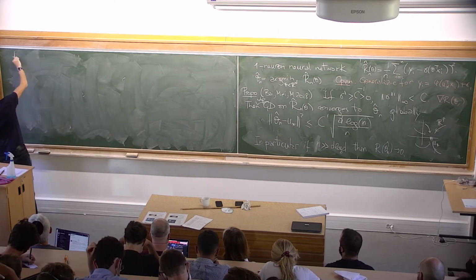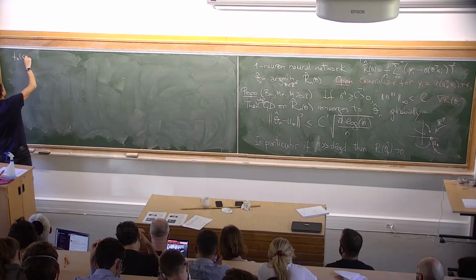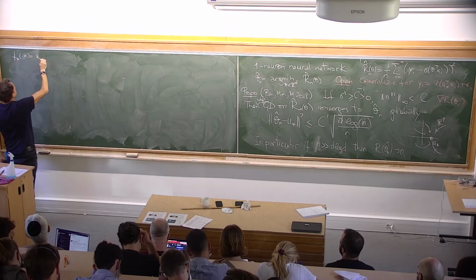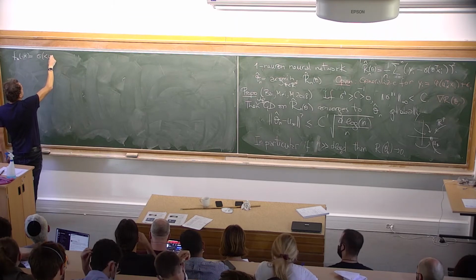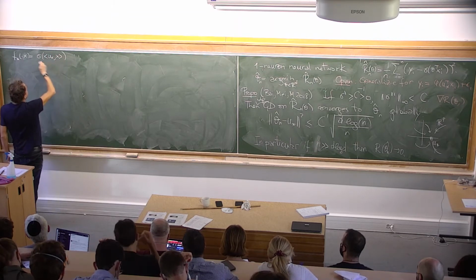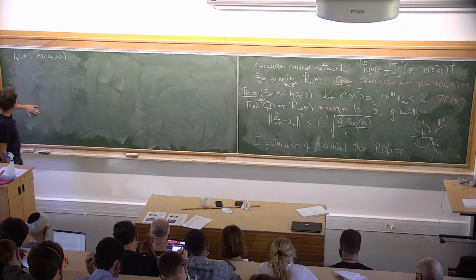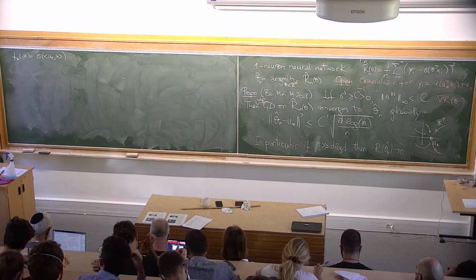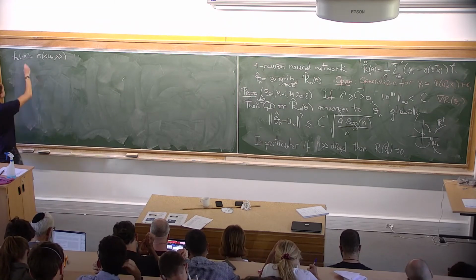Let's stick to this specific example, f star of x, with the caveat that this can be modified to a general sigma. In fact, I could add a finite combination of these and probably things will not change.